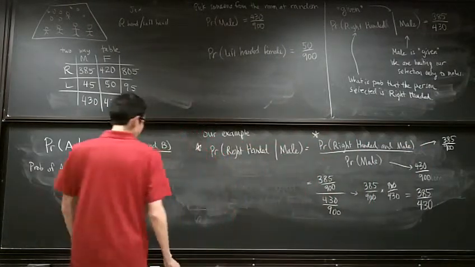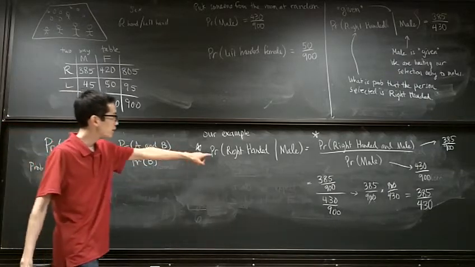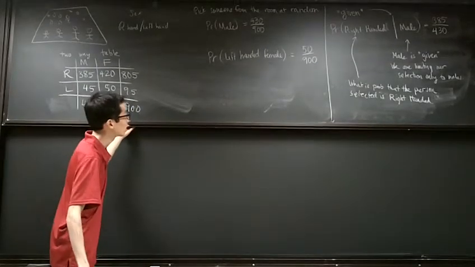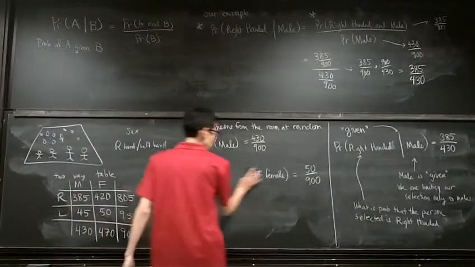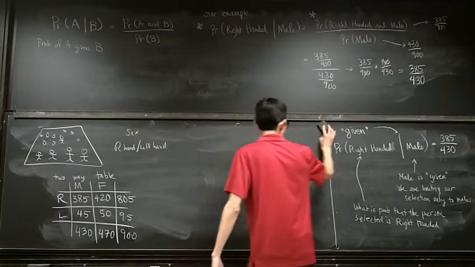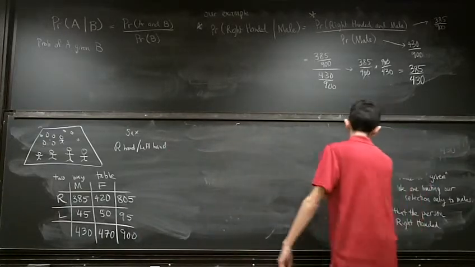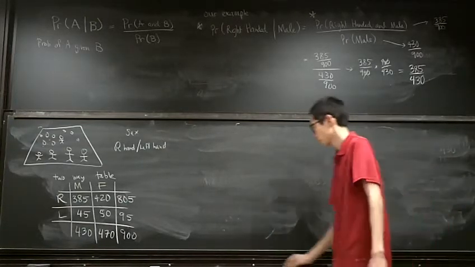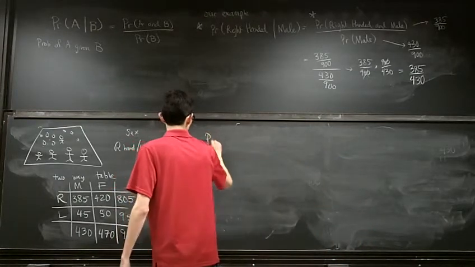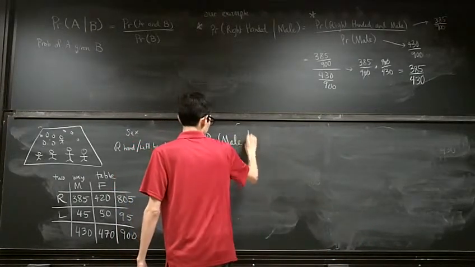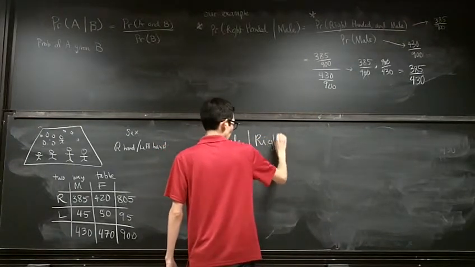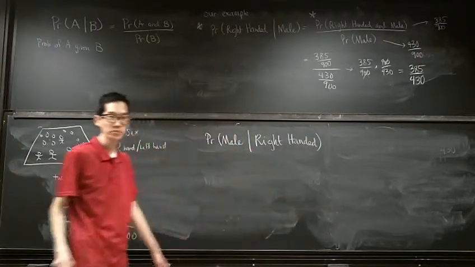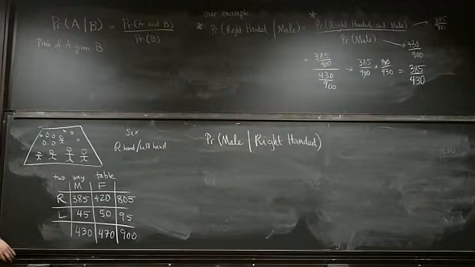Instead of the probability of right-handed given male, try out a different one, and see if you can work that out.